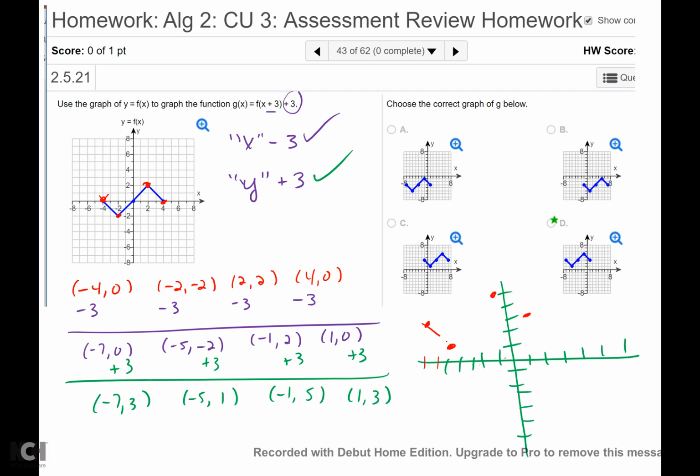And if I know I'm supposed to make the same picture, connect them, and there's your graph. Yeah? And I did expect it to go 3 left and 3 up.